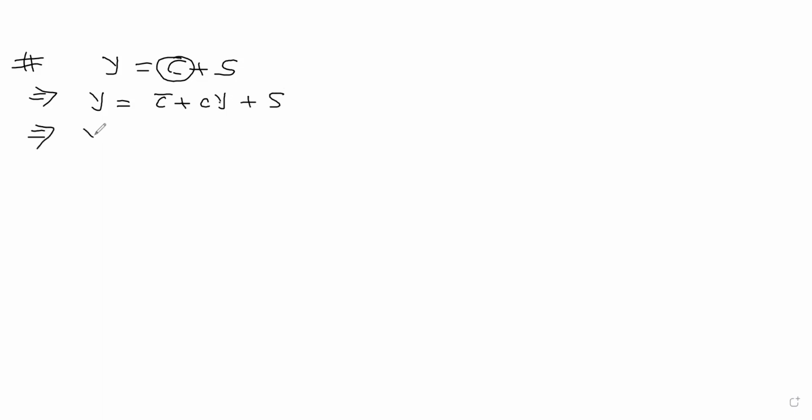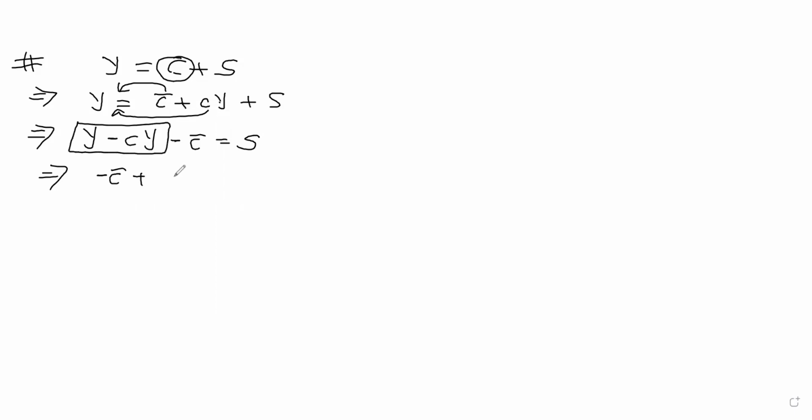That means y minus cy is equal to s, or I can also take c bar to the left hand side as well. So basically I've taken c bar to this side, I've taken cy to this side, so I get y minus c bar is equal to s, which implies minus c bar plus, within this, I can take y common.